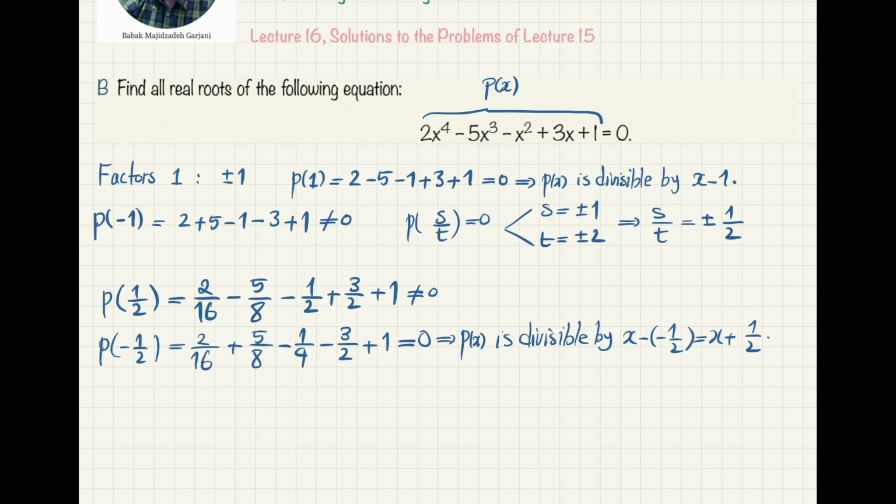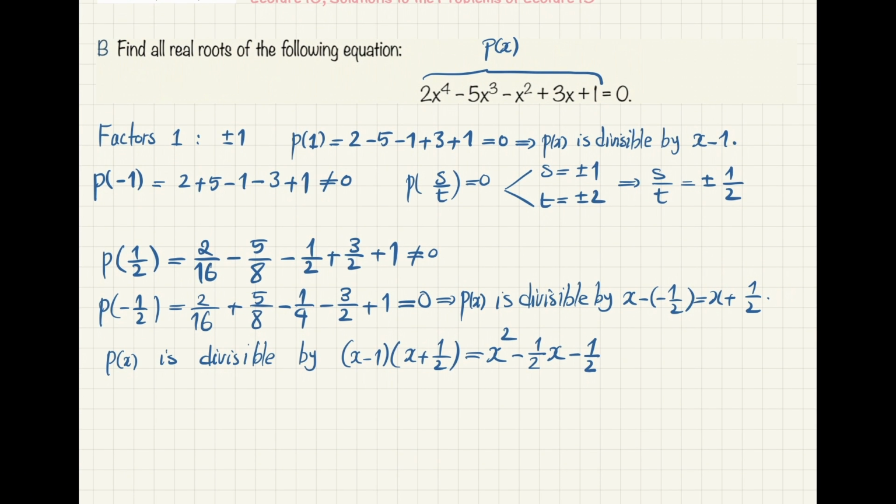So p of x is divisible by the product x minus a half times x plus a half. Yes, and then you can use the common term identity, the sum of these two numbers, which is minus a half, multiplied by the common term, and then the product of these two terms. So coincidentally, both of them here become minus a half.